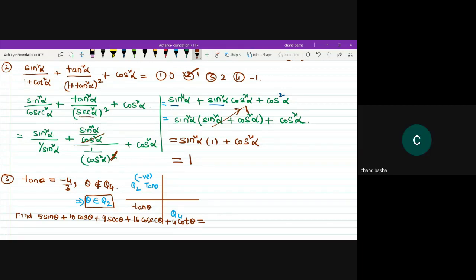Clearly he has mentioned it is not in the fourth quadrant, which means you are in the second quadrant.